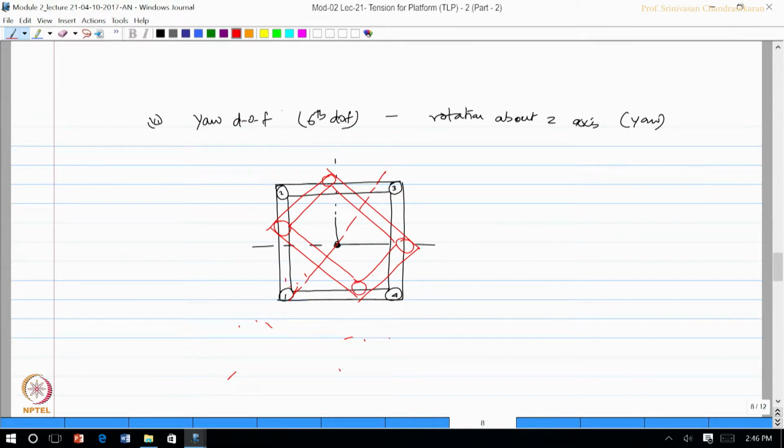We call this angle theta 6. This is going to be 1, 2, 3 and 4. I have rotated clockwise.